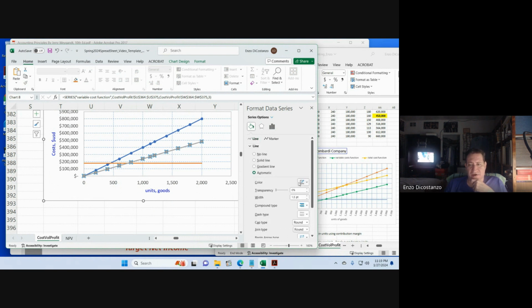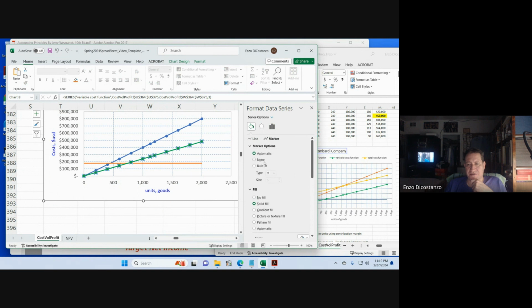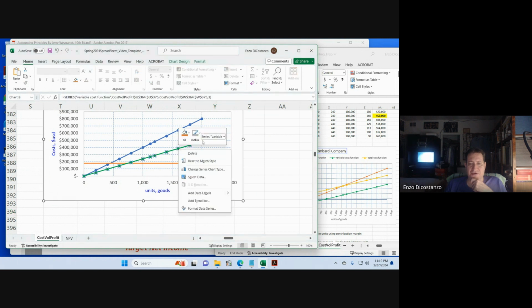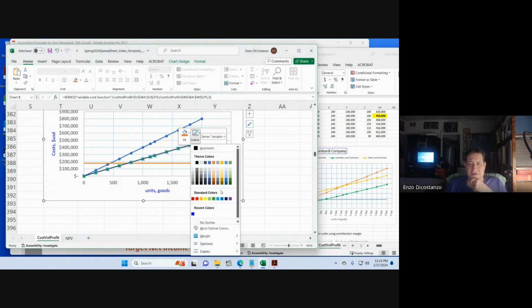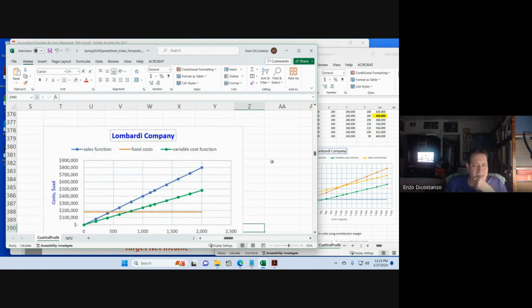Well, the line. Let's do a nice green with this. Marker fill solid, a nice green. And under marker options, make it smaller. It's still gray, so you want to outline it with a nice green. So you have to do all three of those. That's the variable cost function.